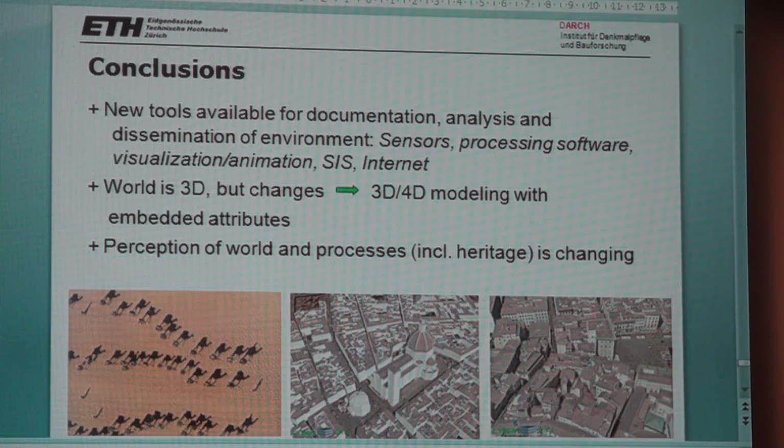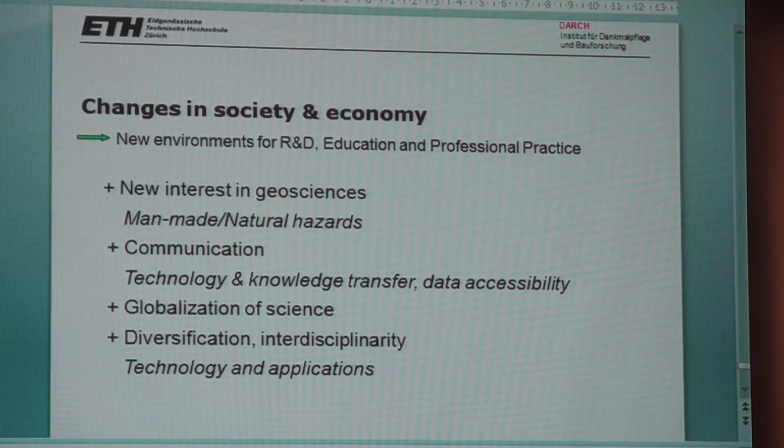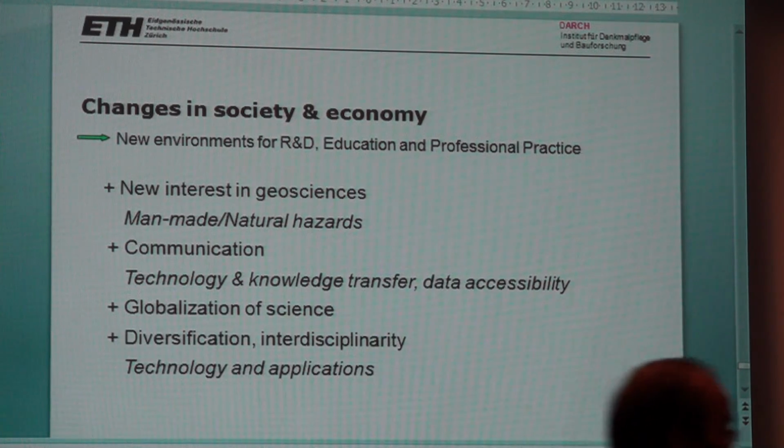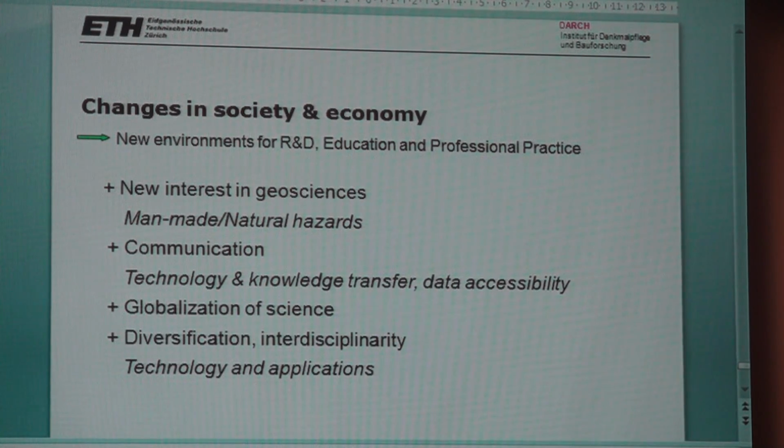I could talk about this for another hour here, but this is a serious issue of discussion. What is a map of the future, the 3D map? We also see changes in society and economy. We have totally new environments for research and development, education and professional practice. For instance, we see an increased interest in geosciences.